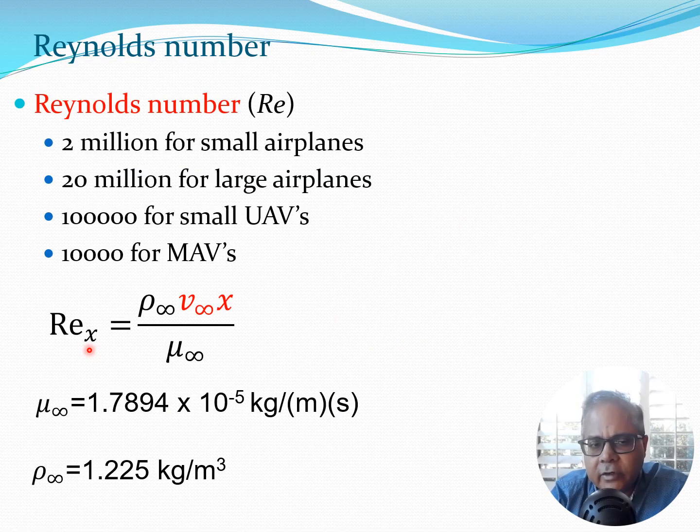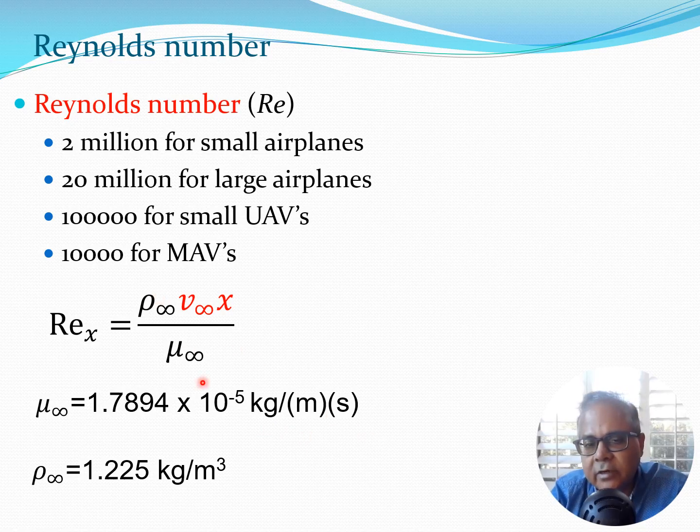Now if we look at the Reynolds number very carefully, we'll see that two of these properties are fixed because rho of course is the density of air, so it's typically 1.225 kg per meter cube, and you would know it at whatever location you are at. Similarly, the viscosity is 1.7894 times 10 to the power minus 5 kg per meter second.